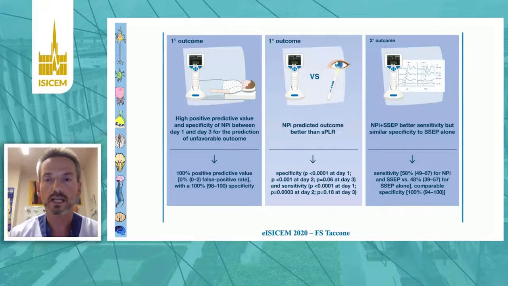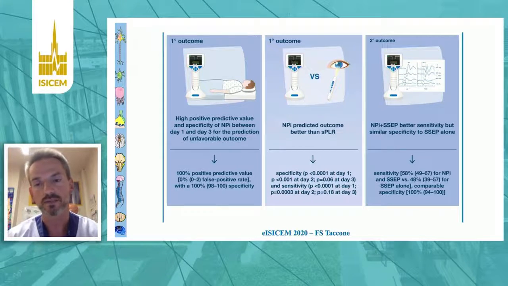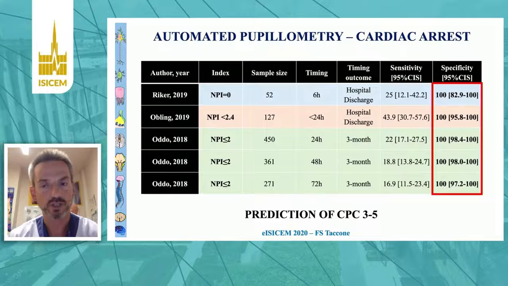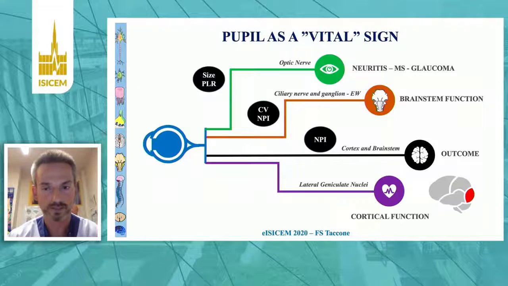And if you combine NPI and evoked potentials, of course, specificity remains 100%, and the sensitivity can be increased up to 50 to 60%. This data has been partially confirmed by smaller monocentric trials where a low NPI has been associated with 100% specificity to predict poor neurological outcome in patients after cardiac arrest.